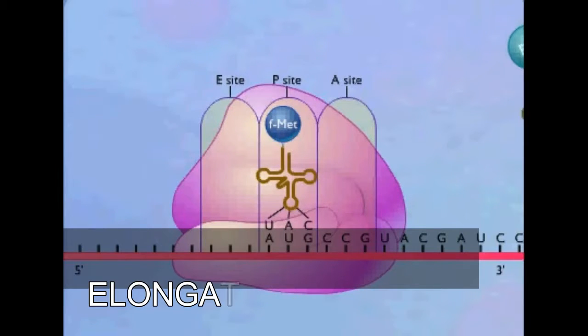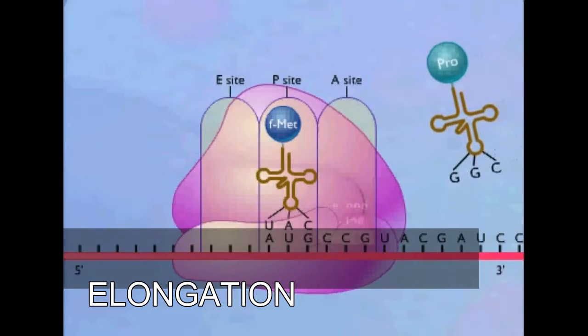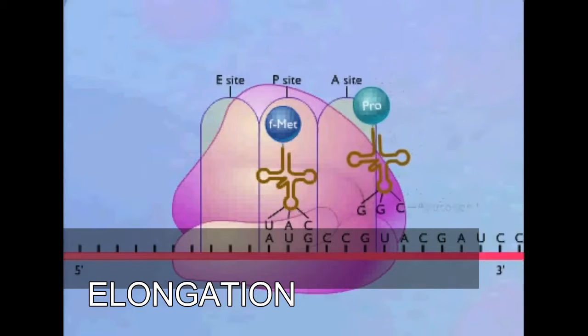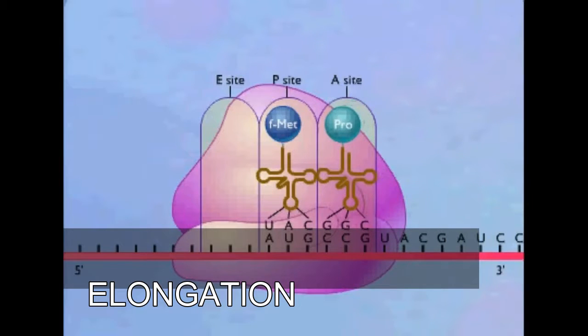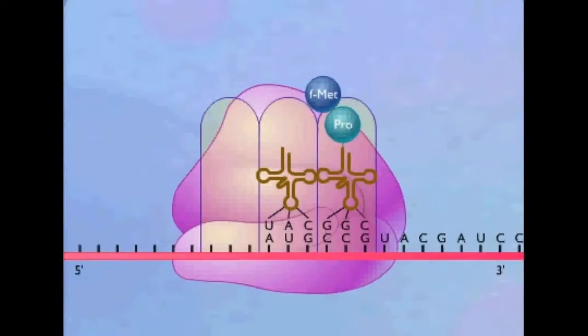A transfer RNA then recognizes the next codon and carries the second amino acid, then moves into the A site. The formyl methionine carried by the transfer RNA in the P site is then joined to the amino acid on the A site, carried by a transfer RNA, by a peptide bond.